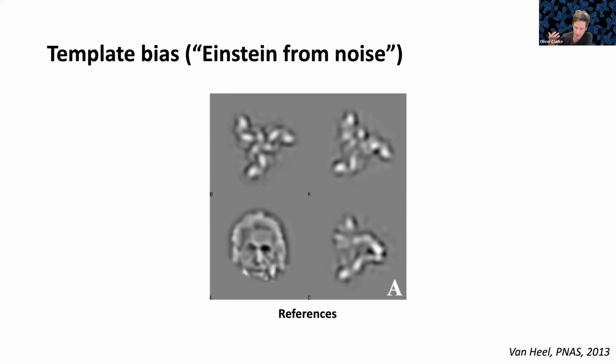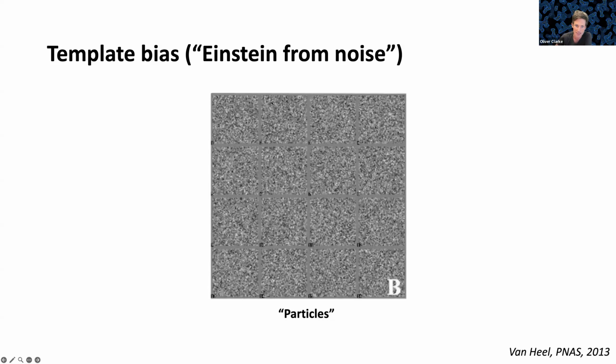And so that triggered a discussion in the community. One of the experiments that was done was to take these references, 3 that are calculated from a PDB and 1 that's a projection of Einstein's face, and then use those to extract particles from complete noise micrographs.